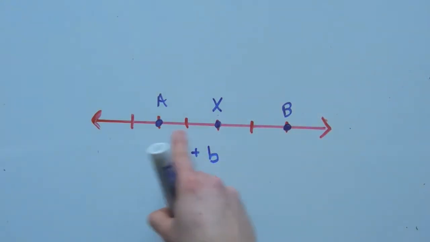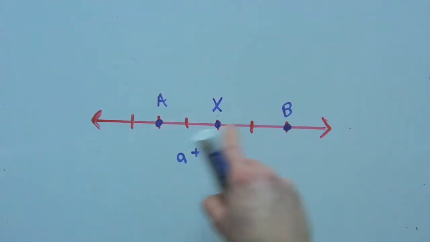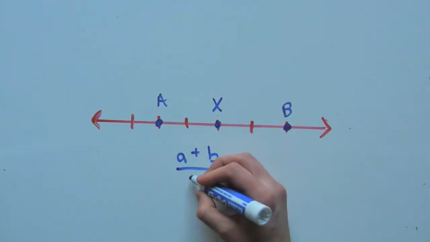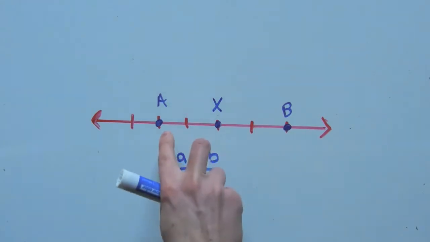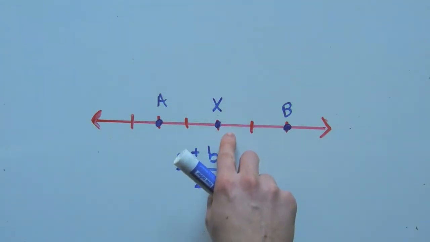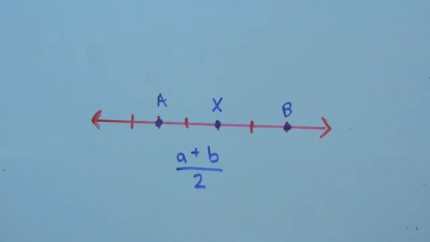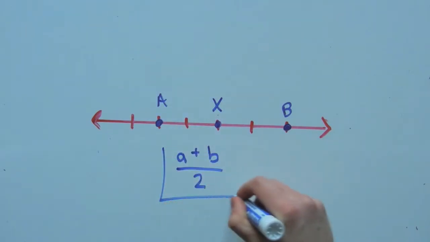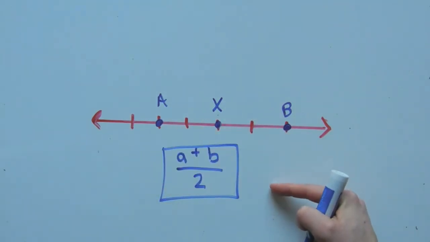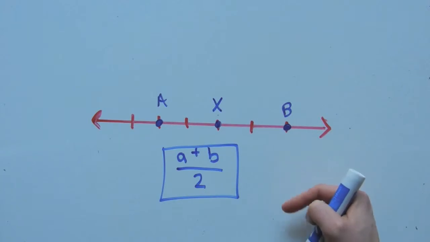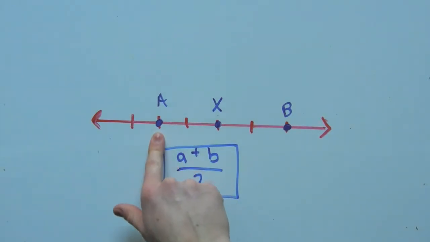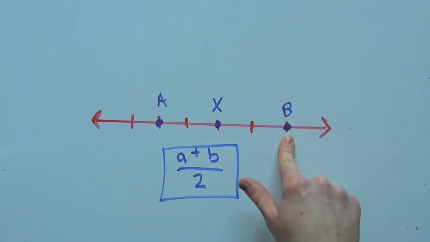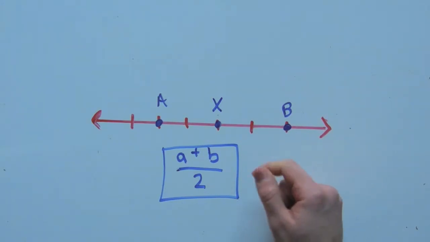Just how we added the 1 and 5 together, we're going to add wherever A falls and wherever B falls together, and still divide by 2, because we want to find the midpoint between those two. So (a plus b) over 2 is the formula for finding the midpoint on a number line, where a represents where one point is, and b represents where the other point is.